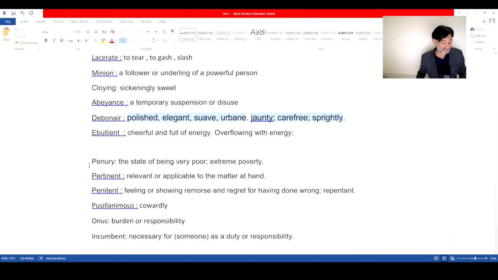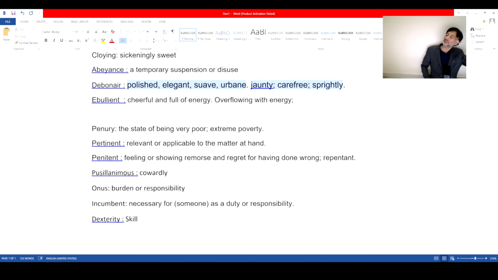Okay, next word I find is dexterity. What is dexterity? It is again a simple word. Dexterity means skill, adroitness.